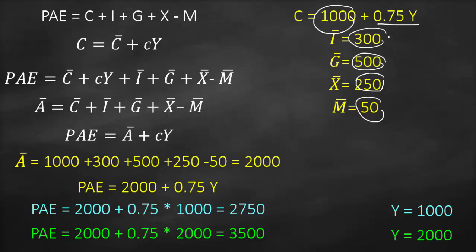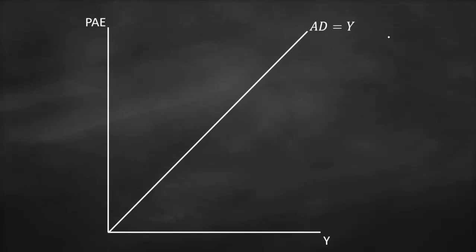So let's draw it and put it with numbers. I will get here our x-axis, which is our output, and this is our y-axis, which is our planned aggregate expenditure. I will draw here our output, which is equal to our aggregate demand or aggregate expenditure, and that's why I will make it a 45-degree line.